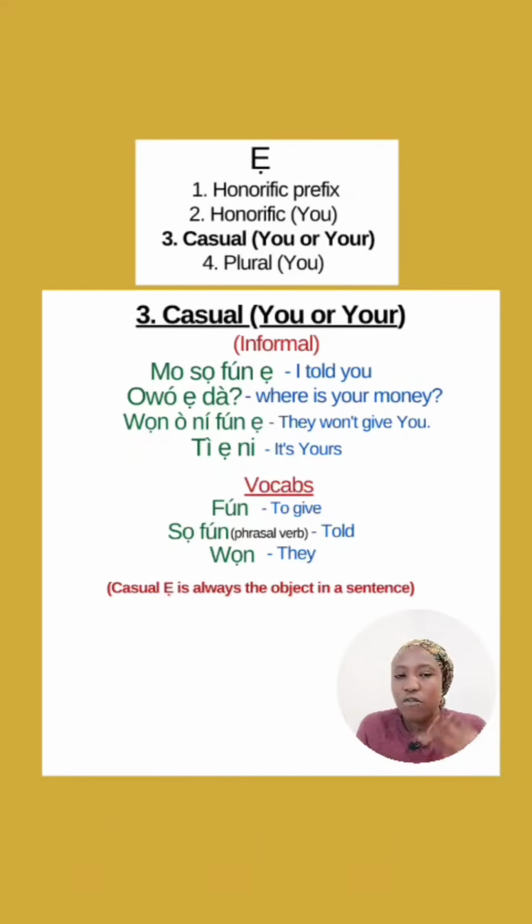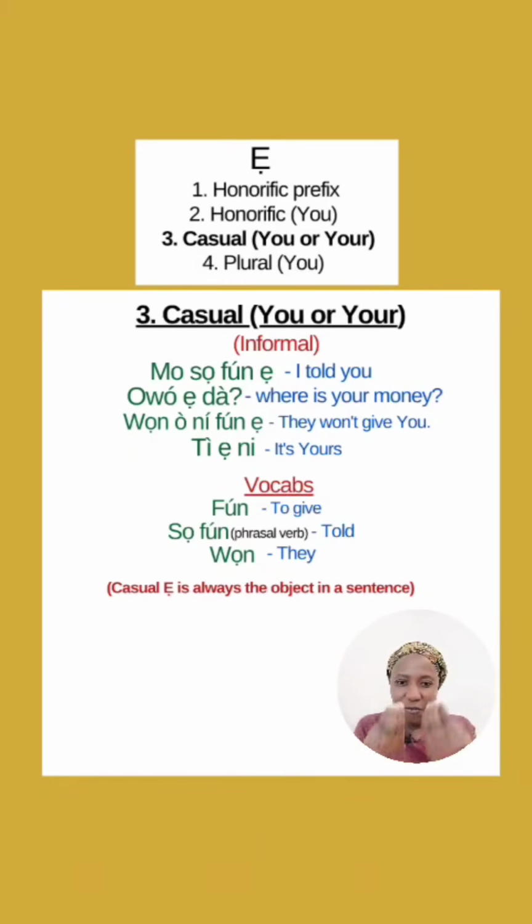I am saying this thing, and I am giving this thing that I am saying to you. It doesn't really make sense, but that is the closest explanation. So, mo sọ fún ẹ, when you're saying something, you're saying it to someone. It's more like you're giving it to someone. It's not physical, it's verbal.